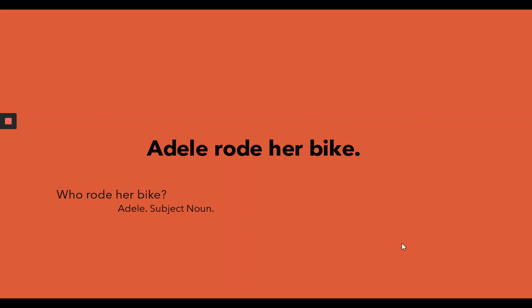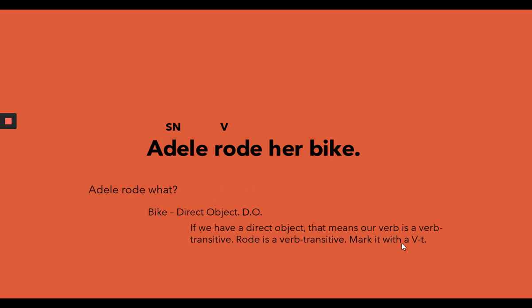Who rode her bike? Adele. Subject noun. We'll mark it with an SN. What is being said about Adele? Adele rode. Rode is the verb. We're going to mark it with a capital V. Notice that I haven't marked it as a verb transitive yet because I don't know if there's a direct object in this sentence until I've gone through my question and answer flow.